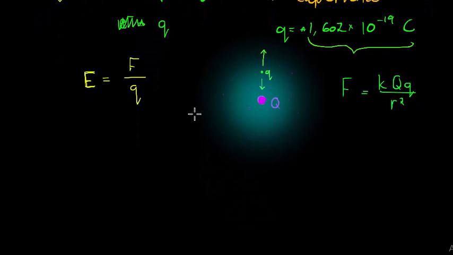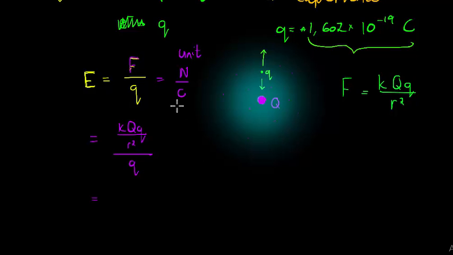And if I now substitute, I can either use this formula right here, or I can say F is given by K Q q over R squared, divided by q, and so the size of the electric field is given by that. Just so you can see, the unit I'm working with is newtons for force divided by coulomb for charge.